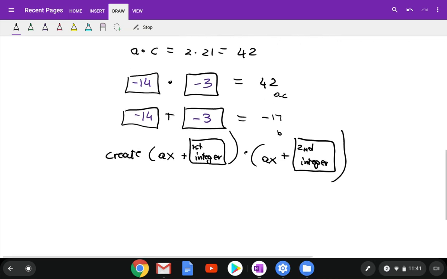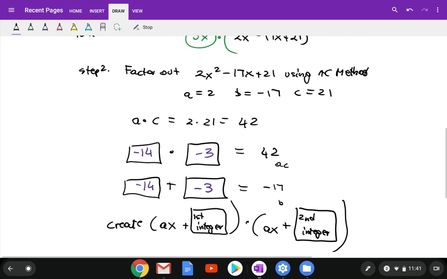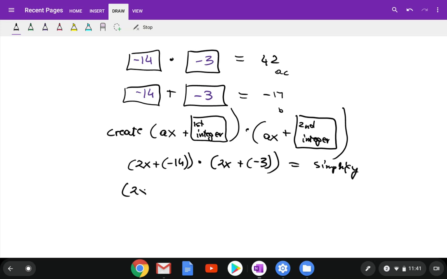So in our case, going back, a is equal to 2, so we're going to have 2x plus negative 14 times 2x plus negative 3, and again simplify. When you have plus and minus, just rewrite as minus. So 2x minus 14 times 2x minus 3.